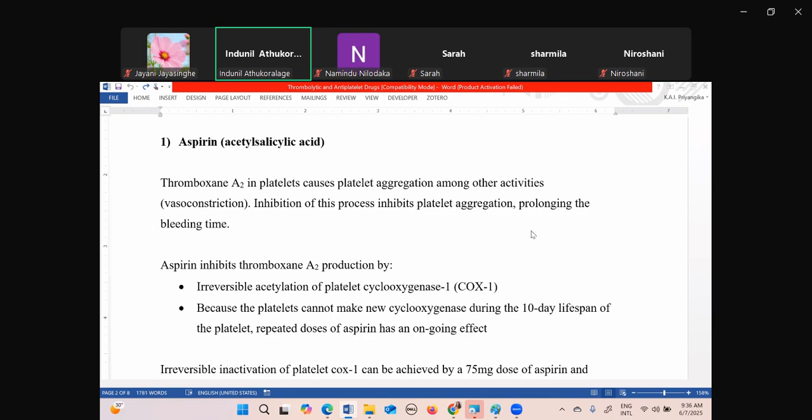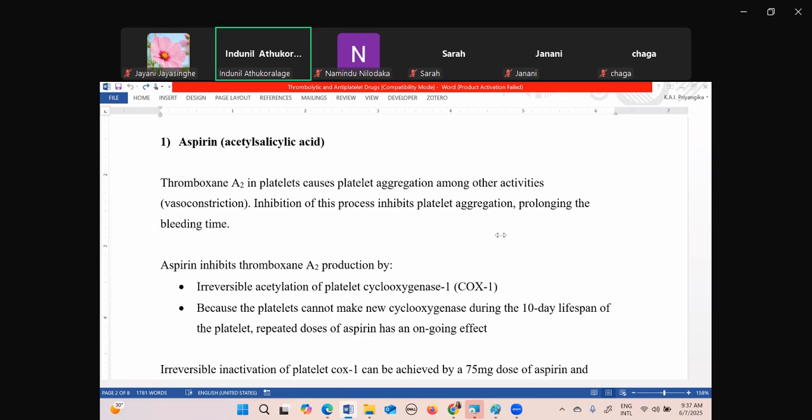Okay, can one of you say what is the dose of antiplatelet action for aspirin? 75 milligrams. Yes, 75 milligram. That is a lesser amount than what we usually use for aspirin. For the analgesic effect, we use 300 milligram. So we use 75 milligram. Why should we use a low dose?